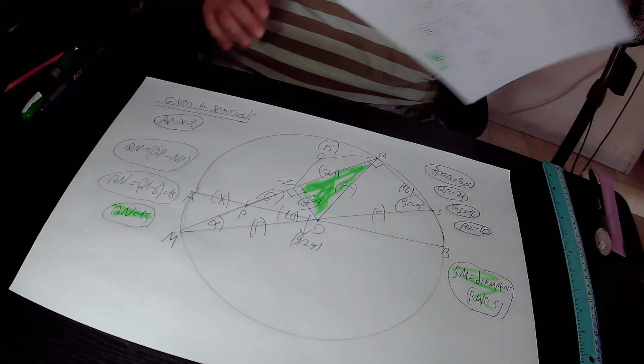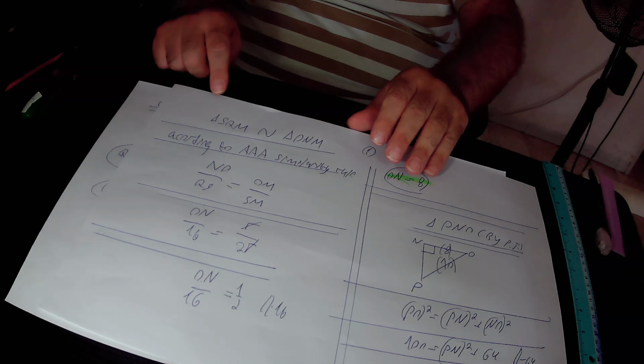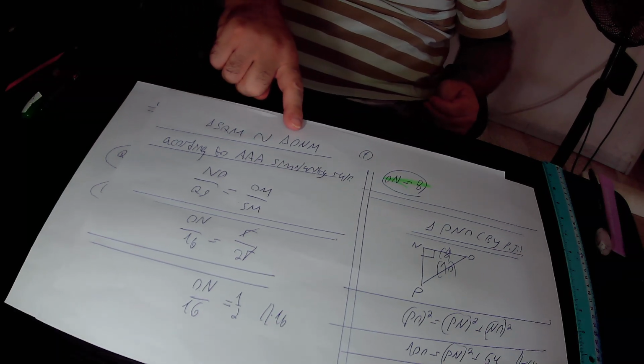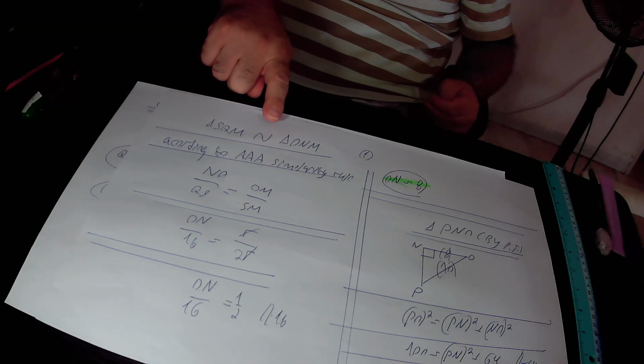Again, the big right triangle SQM is similar, this is the sign of similar, to the small right triangle ONM according to the angle similarity rule.